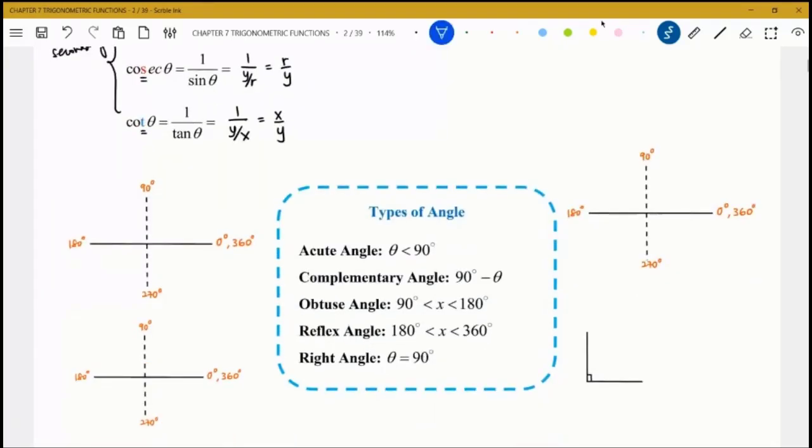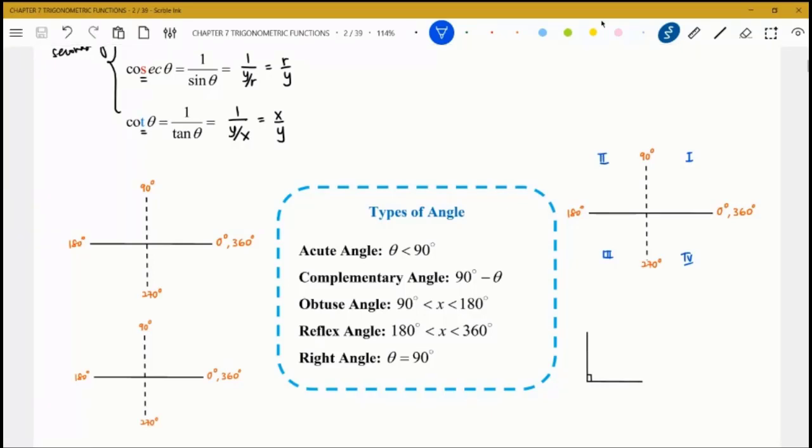So let's say we have it somewhere. So this one adalah quadrant kita. So quadrant 1, quadrant 2, quadrant 3, quadrant 4. So 0 to 90 is quadrant 1, 90 to 180 is quadrant 2, 180 to 270 is quadrant 3, and then 270 to 360 will be the 4th quadrant.